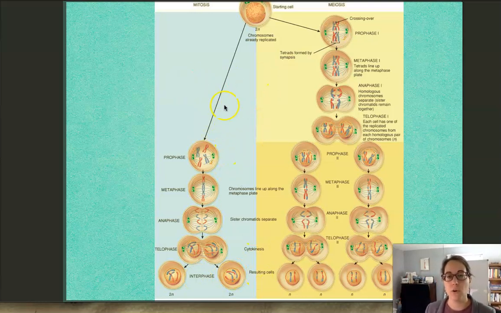And so we go through all of those phases in the 2 divisions of meiosis, and that's what is shown here on the right side. We see prophase 1, metaphase 1, anaphase 1, telophase 1, and cytokinesis 1. And then we go through all of them for a second time. And that's how we end up with these 4 daughter cells instead of the 2 daughter cells that we see in mitosis.